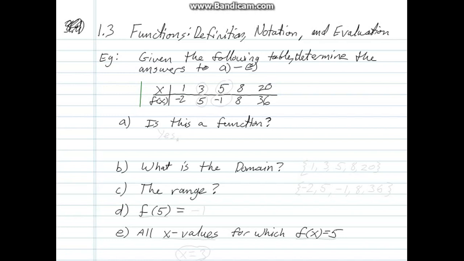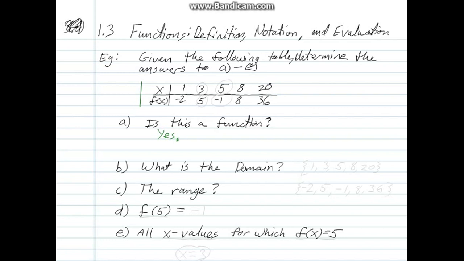Because what that would mean is that one x value maps to two different y values, and that would mean this is not a function. So I would say that this is a function because every x value returns a unique y value. 1 goes to negative 2, 3 goes to 5, 5 goes to negative 1, 8 goes to 8, and 20 goes to 36. There is no ambiguity about what an input would produce as an output.